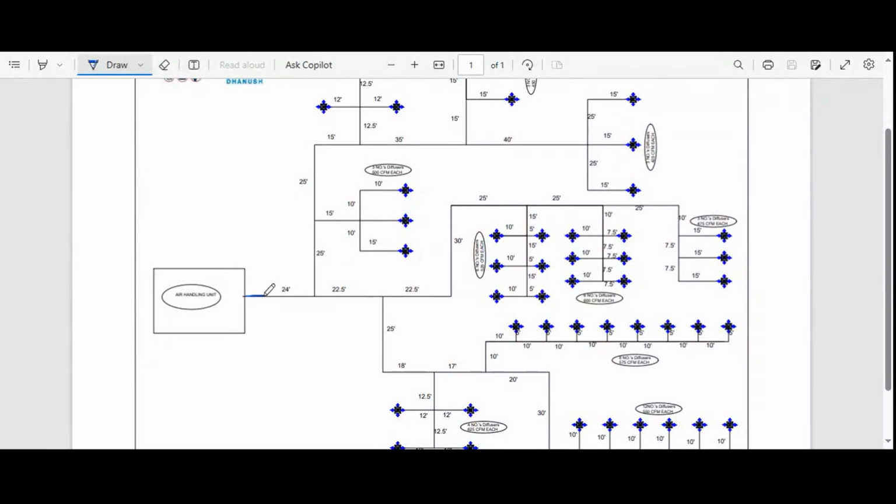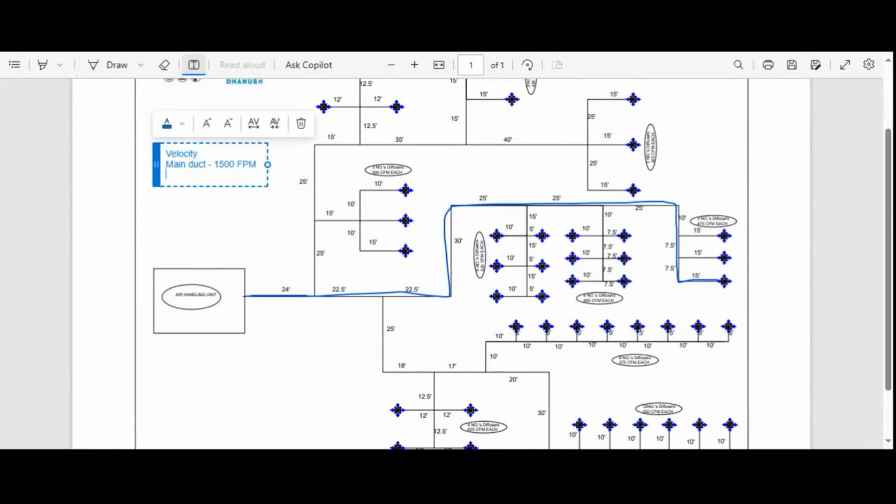So consider this as a main duct, and for the main duct, take the velocity as 1500 fpm.